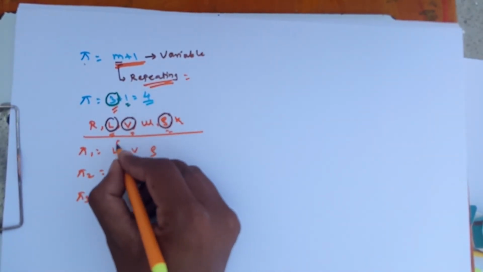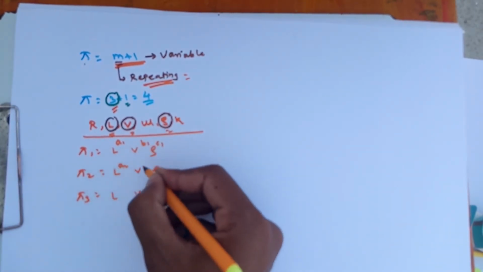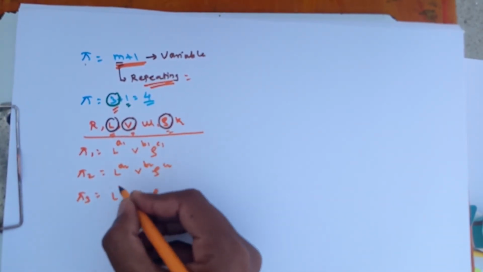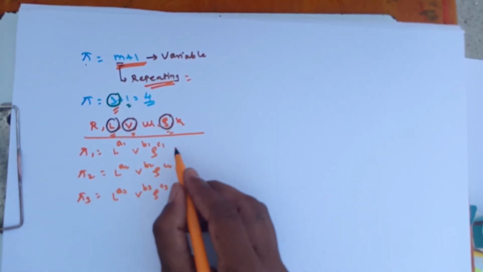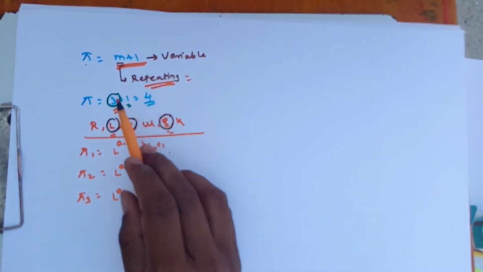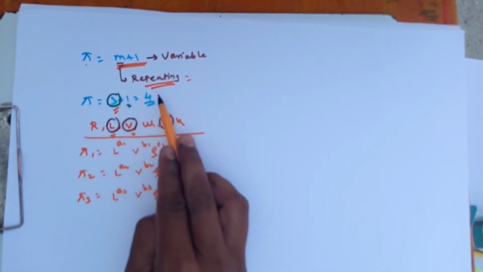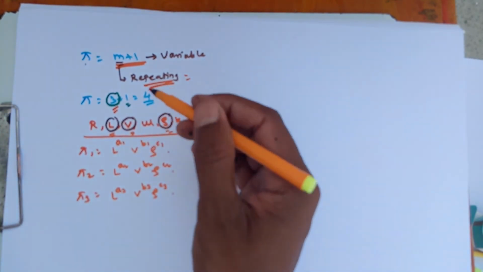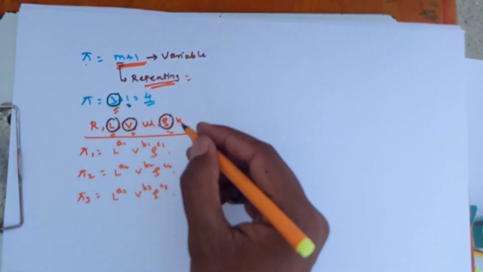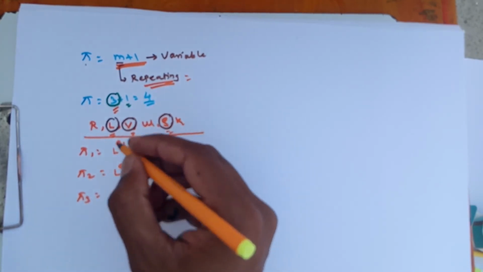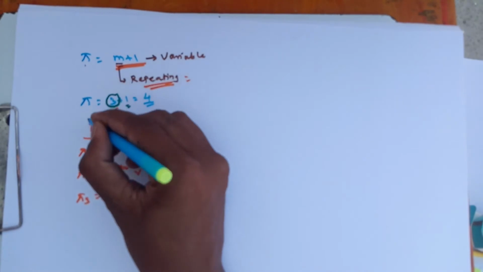Only the arbitrary powers will be different: a1, b1, c1, a2, b2, c2, a3, b3, c3. And as each and every pi term consists of 3 plus 1, that means the repeating variables plus 1 term, that plus 1 term will be from the non-repeating variables. So the first pi term will consist of the first non-repeating term, that means r.